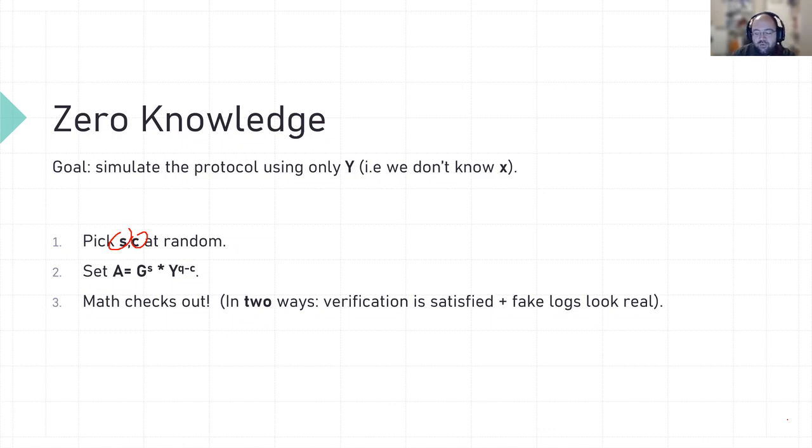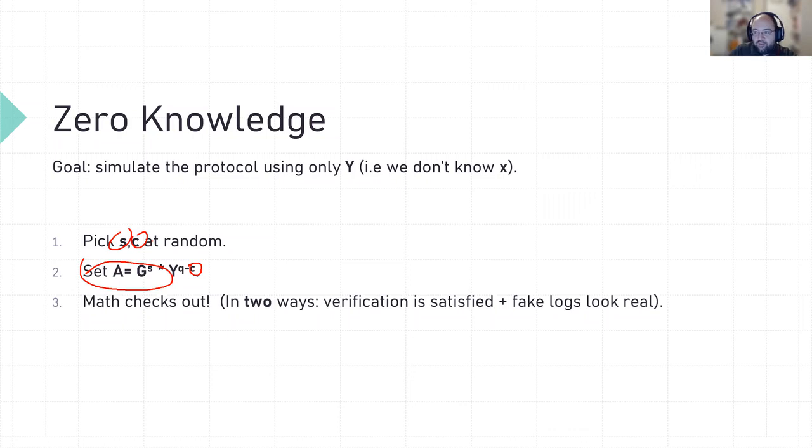So how could this be? Well, this is because we cheated. It's because we did things in the wrong order. In the actual protocol, A is revealed before C is ever calculated. So in the real world, you cannot create A based on C before seeing C, right?